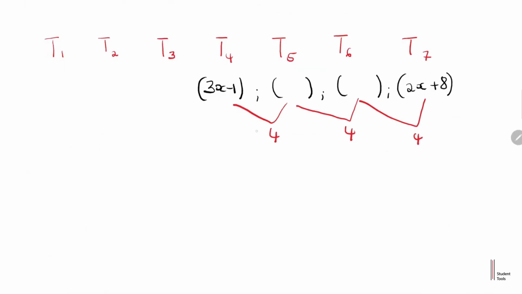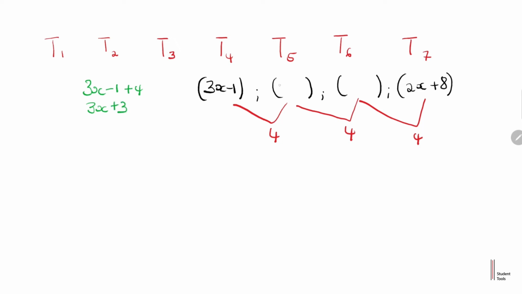So let us first fill in what is supposed to be on term number 5 and term number 6. So 3x minus 1 plus 4, because we have a common difference of 4. So that is 3x, negative 1 plus 4, that is a plus 3.